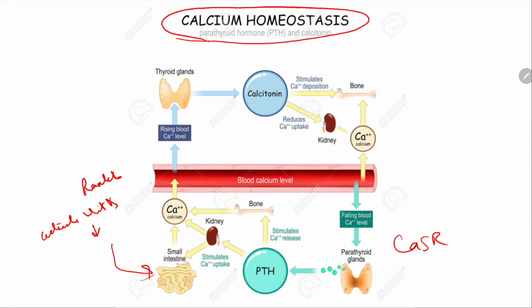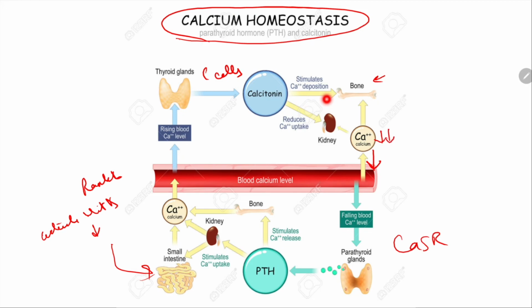What happens when blood calcium level increases a lot? There is a rising calcium level in the blood. It goes to the thyroid gland through the parafollicular or C cells. Calcitonin is released. It stimulates calcium deposition in the bone. It reduces calcium uptake, reduces osteoclastic activity over here, and therefore causes a decrease in the calcium. So here there will be a decrease in calcium levels.